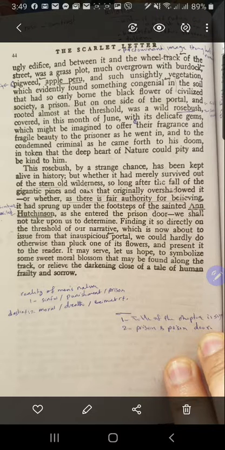So here the writer describes some plants: pigweed, apple-peru, such as the vegetations, but on one side of the portal, and rooted almost at the threshold, was a wild rose bush. A rose bush, a flower, some kind of rose.